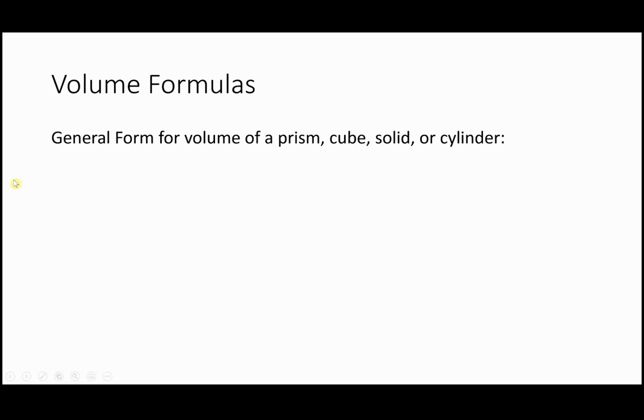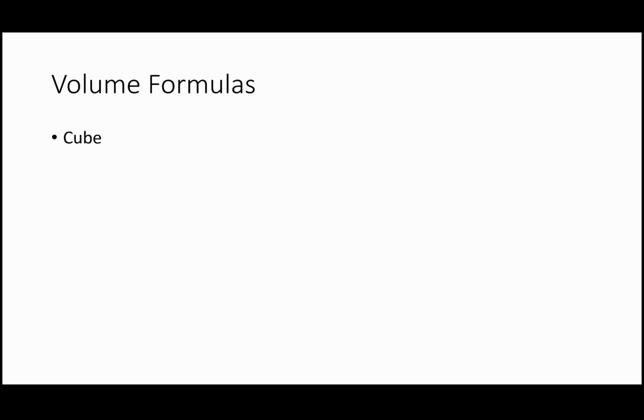So the general form of the volume formula goes like this: area of the base times the height. If you can keep that straight, I think it'll help you internalize the enormity of the number of volume formulas that you have to really be able to recall from memory. Area of the base times height, that's the general flow of it for volume formulas involving prisms, specifically cubes, solids, and cylinders. Let's start with the cube.